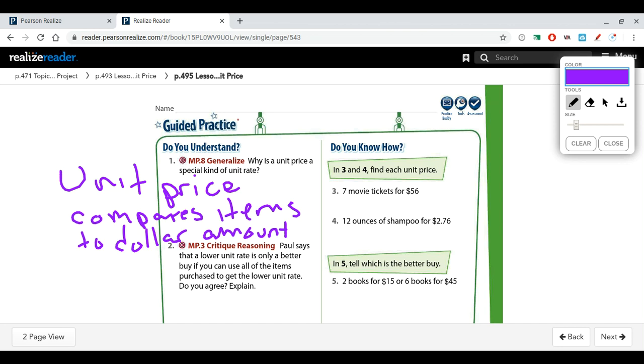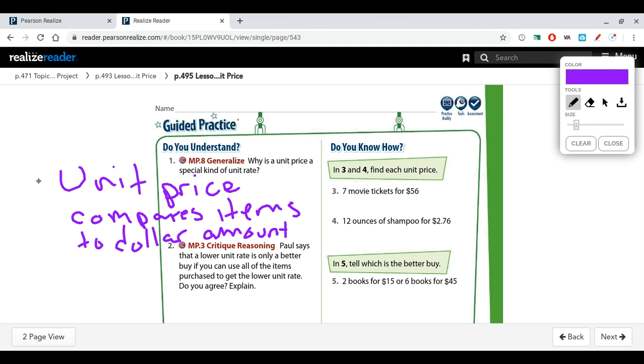And that's really why it's a special kind of unit rate. So unit price compares items to dollar amount instead of just comparing any value to dollar amount. We worked on problems where it was laps per minute. Unit price is always going to be the cost of how much one item costs.